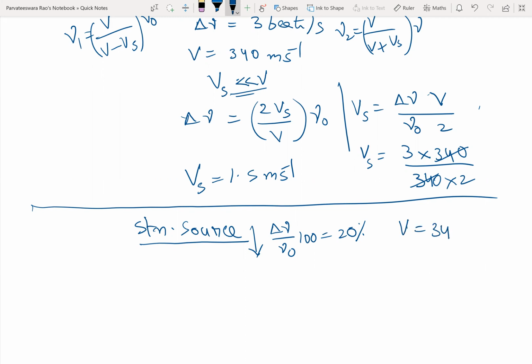If the speed of the sound is 340 meters second inverse, find the speed of the observer. Find the velocity of the observer relative to the source.